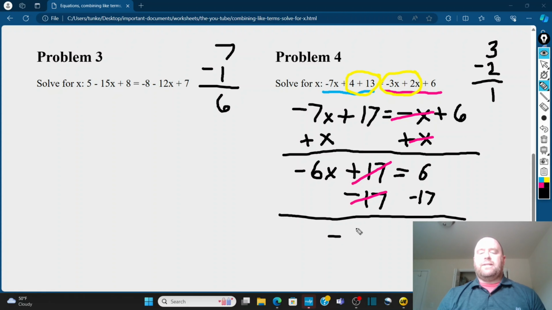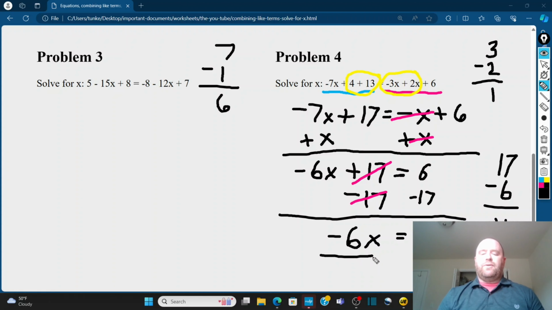We're left with minus 6x equals, well, again, we have two numbers that we're adding that have different signs. The negative 17 is further away, so we're going to do 17 minus 6. That gives us 11. And we want to make this a negative 11 because the number that is further away from 0 on the number line, we take the sign of that, so that's that negative 17. So we got negative 11 here.